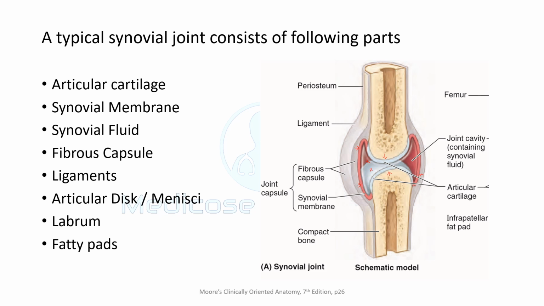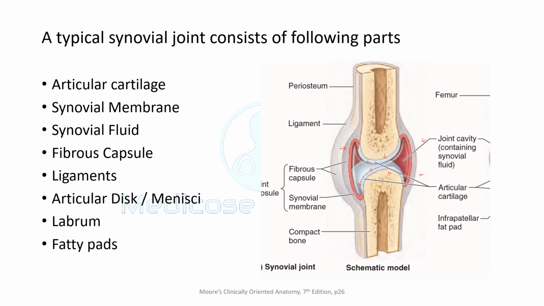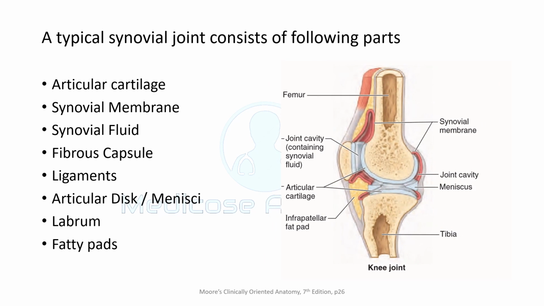Outside the synovial joint, there is the capsule. It covers the joint and gives it strength. And in the case of a complex joint, there may be outside ligaments. We'll discuss them in gross anatomy. In a complex joint, you can see that there may be articular discs or menisci. In the knee joint, we'll discuss the meniscus here. And a labrum.